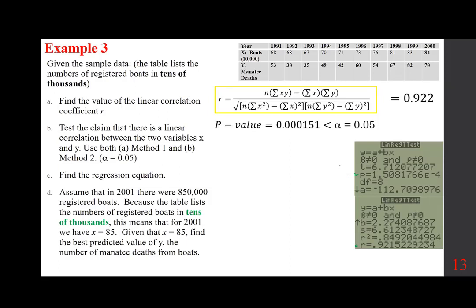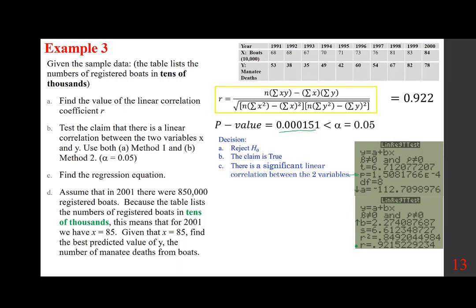This is the p-value, less than alpha of 0.05. Reject H0. And you know the rest. When you reject H0, the claim becomes true and there is a significant linear correlation.